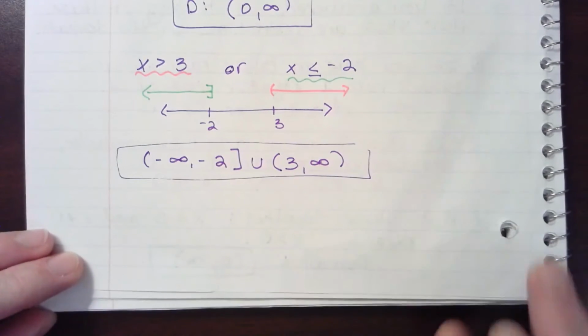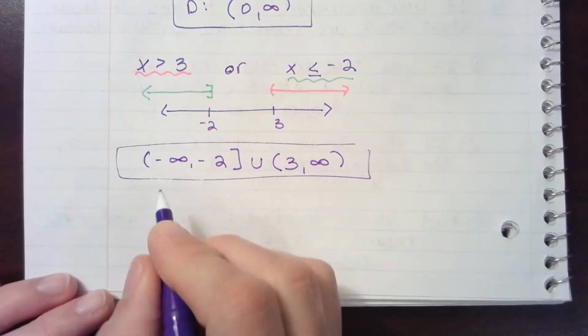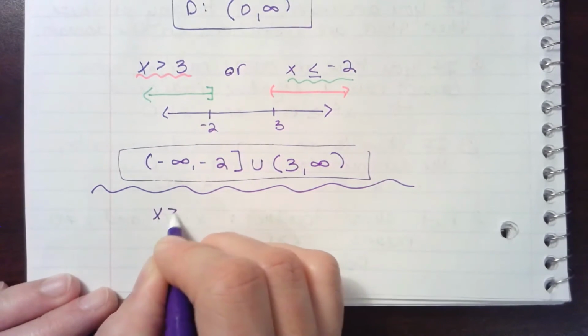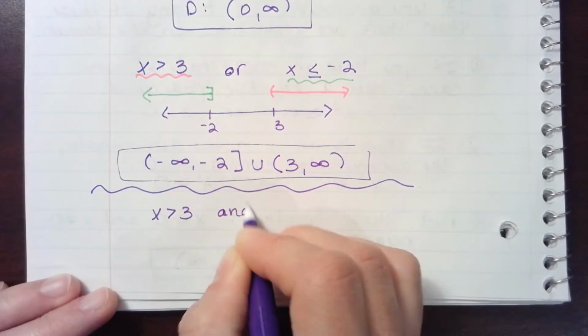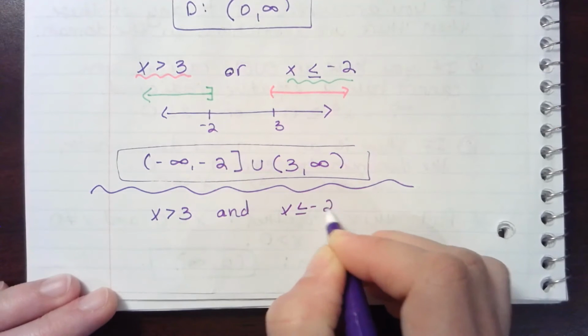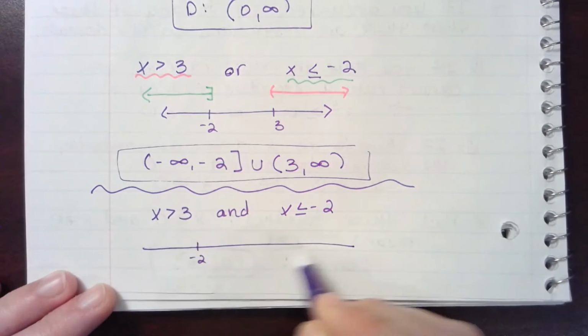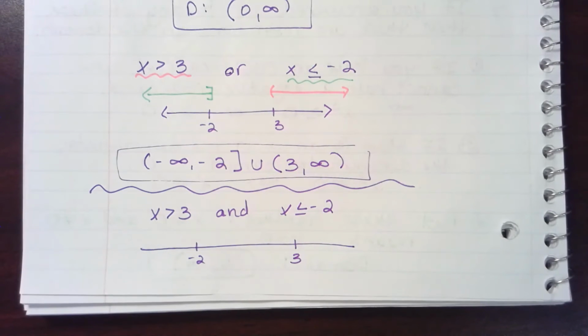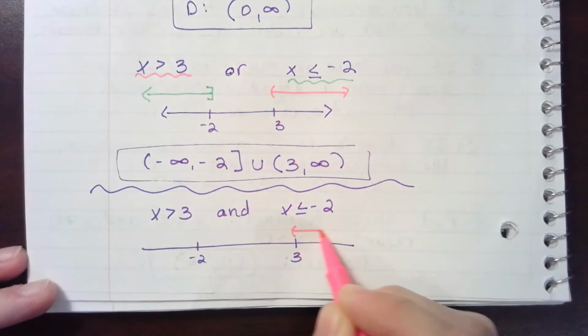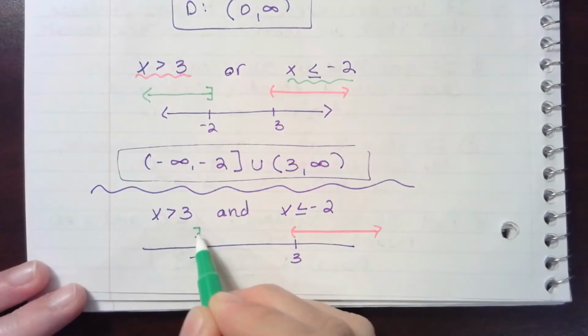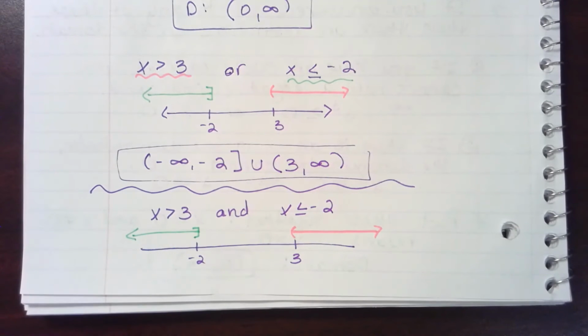So what if we had had an and in there instead? What if we had x is greater than 3 and x is less than or equal to -2? We still have the same graphs. X is greater than 3 still looks like this. X is less than or equal to -2 still looks like this.